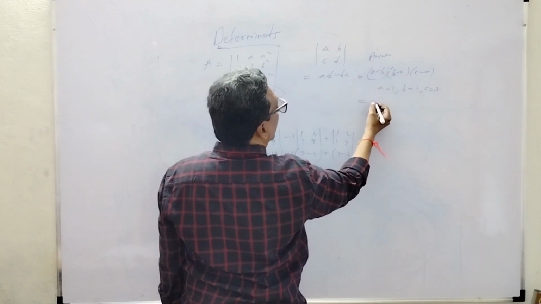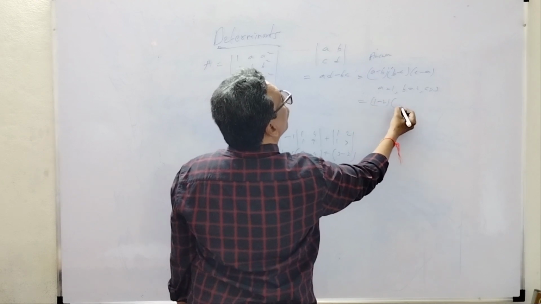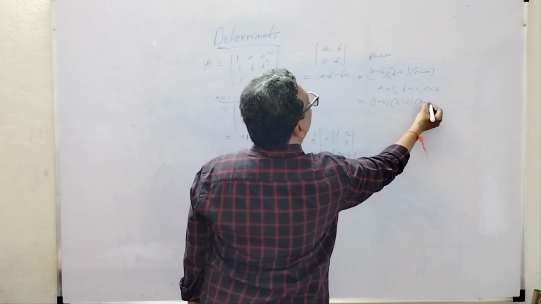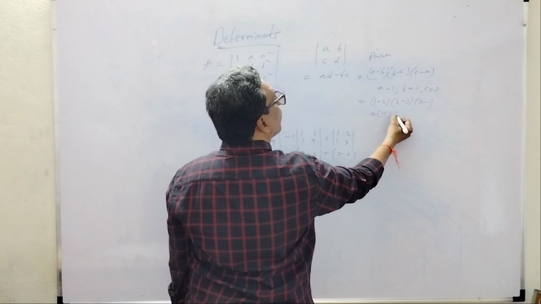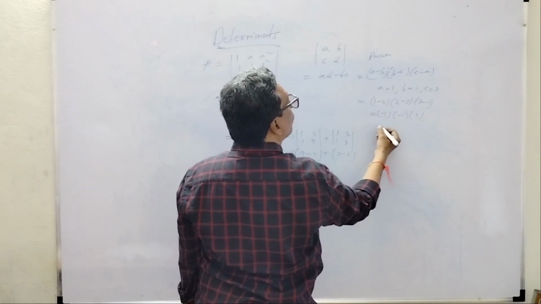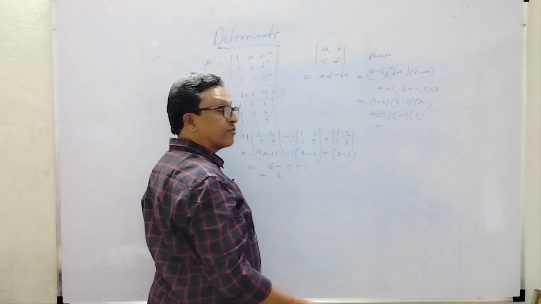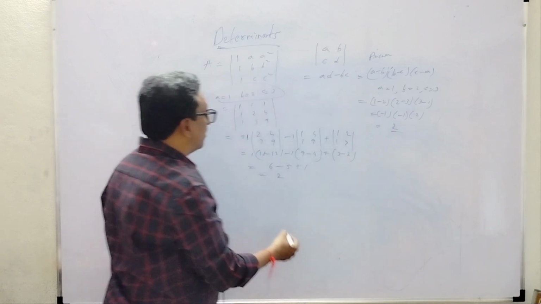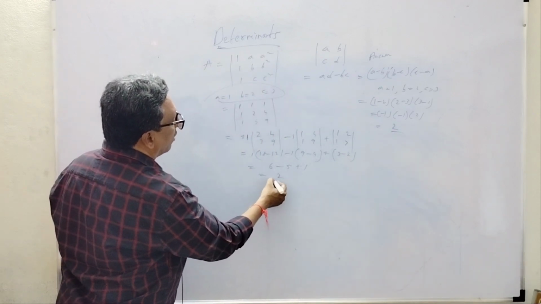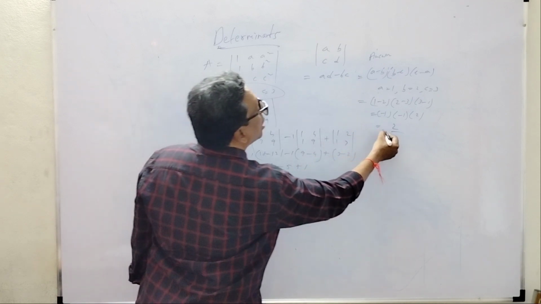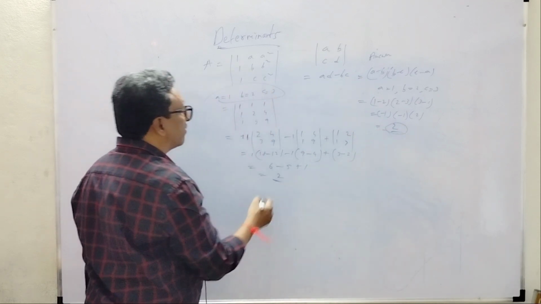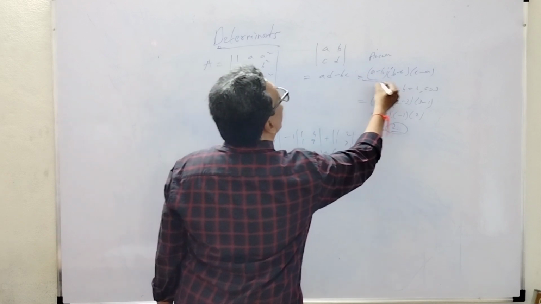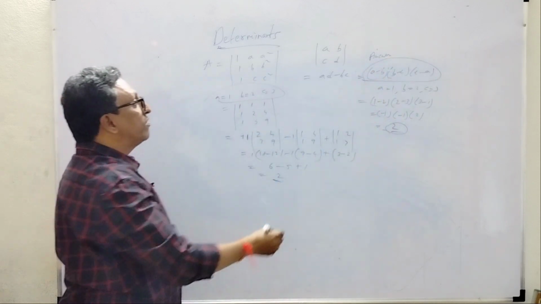In the place of that, I am substituting 1 minus 2, 2 minus 3, 3 minus 1. So this is minus 1, this is minus 1, this is 2. So minus 1 into minus 1 is plus 1, 1 into 2 is 2. So both the determinant result and the multiple choice answer are the same. So the answer is (a minus b) into (b minus c) into (c minus a).